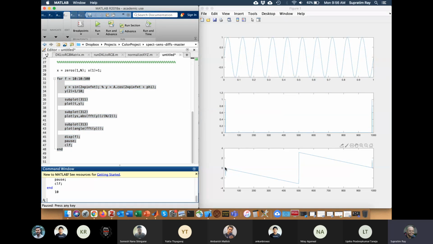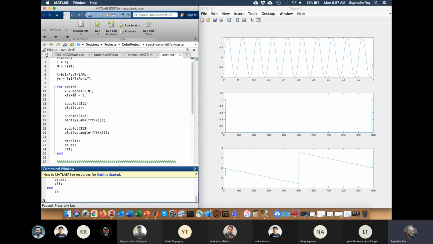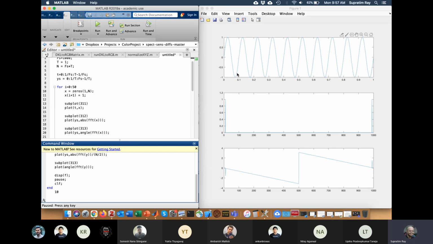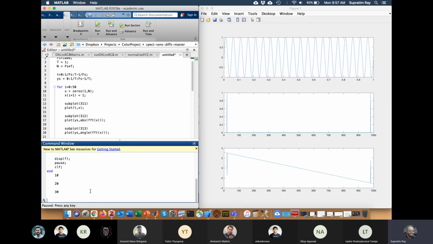Now it's the same thing here, and it's a delta function representation at 2. This is what we had done earlier when we had shifted the delta function to a slightly different value, and now the phases are all going in that way. So this is the linearity of the Fourier transform in action. We are representing a sinusoid as well as a delta function together, and this is the representation in the frequency domain.